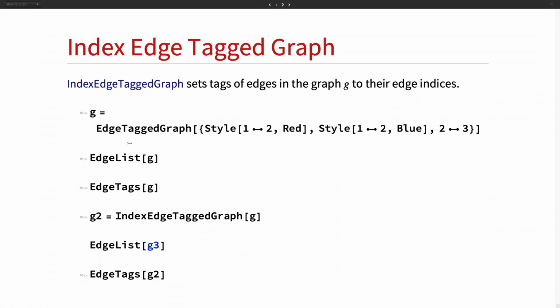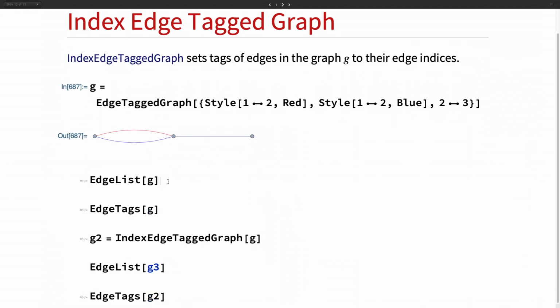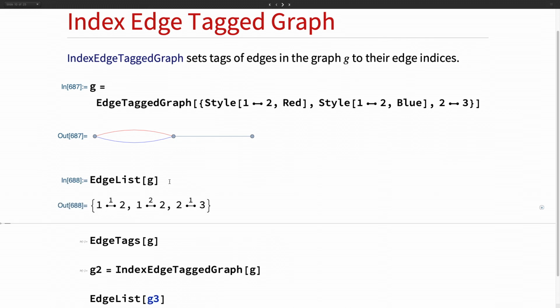And another function here is IndexEdgeTaggedGraph. So IndexEdgeTaggedGraph also creates an edge tagged graph, but the difference is you just need to think about the relation between Graph and IndexGraph. What IndexGraph does is it replaces each vertex with an index. If you have a graph with vertices A, B, C, and you apply IndexGraph, it converts A, B, C to 1 to 3. So IndexEdgeTaggedGraph converts edge tags to indices of edges.